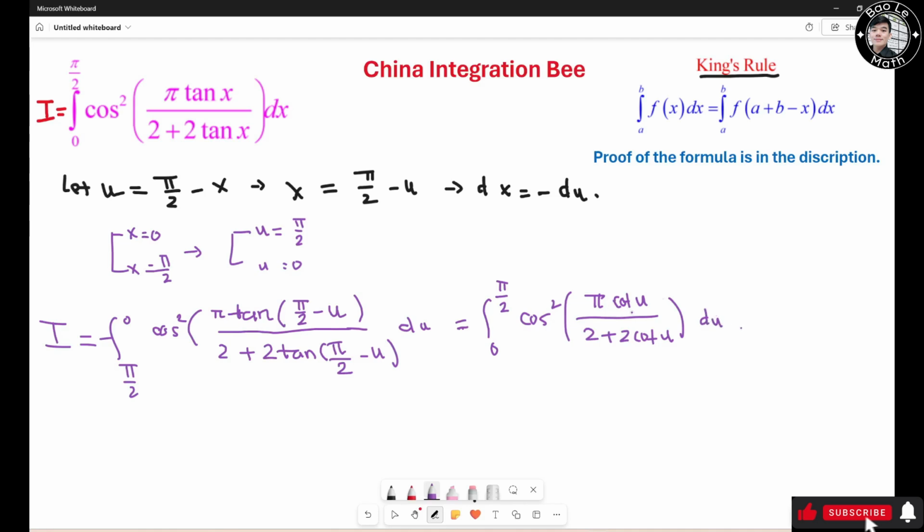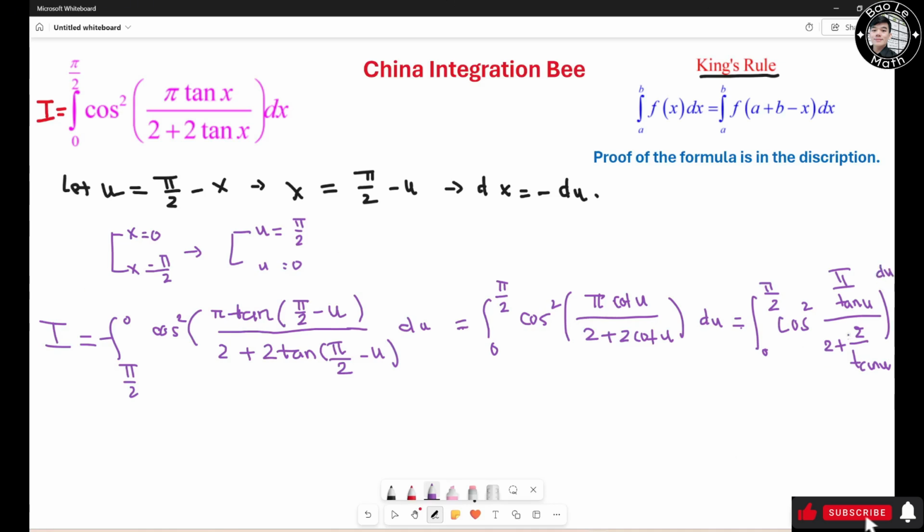Now cotangent u means 1 over tangent u, right? So this can be written as the integral from 0 to pi over 2 of cosine square of pi over tangent u over 2 plus 2 over tangent u, du.